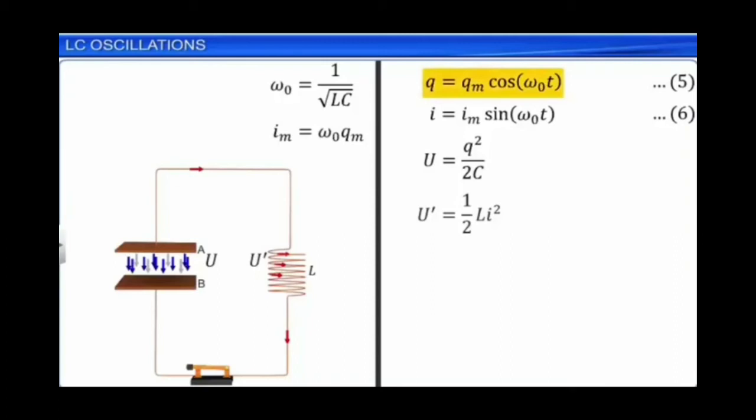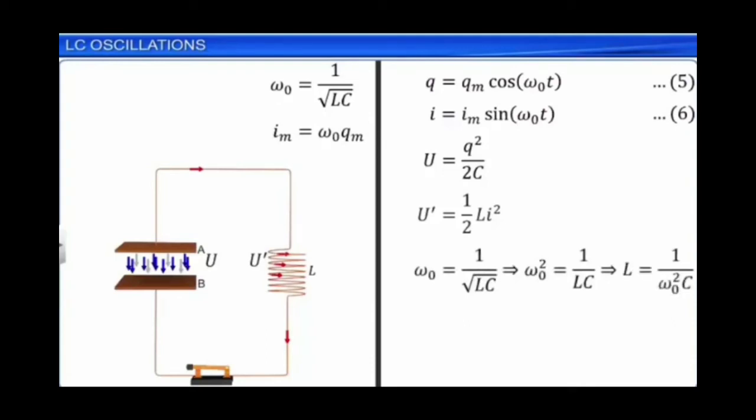Now, we know q is equal to qm cos omega 0 t and I is equal to Im sin omega 0 t. And we know omega 0 is equal to 1 by root LC and Im is equal to omega 0 qm. So omega 0 square equal to 1 by LC, and from that we can write an expression for L as 1 by omega 0 square C.